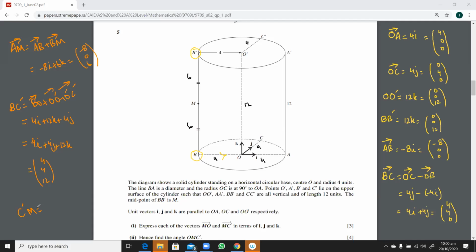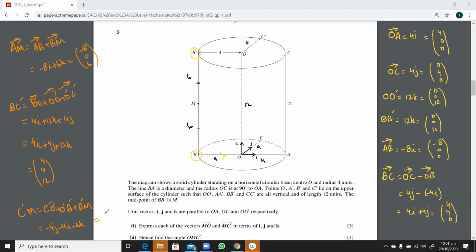So basically, you are going from C dash to O dash, O dash to B dash, and then from B dash to M. So C dash O dash is minus 4j, O dash B dash is minus 4i, and B dash M is minus 6k.